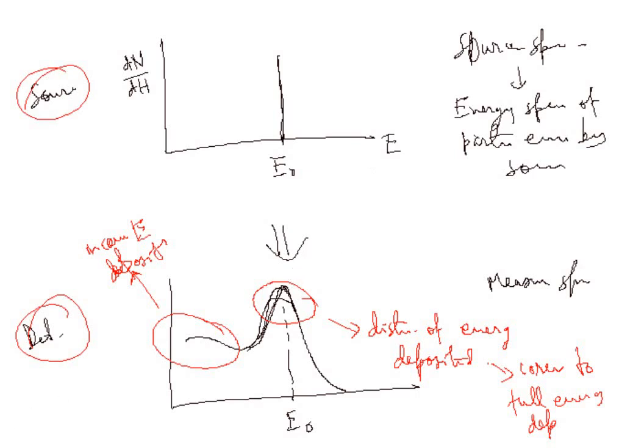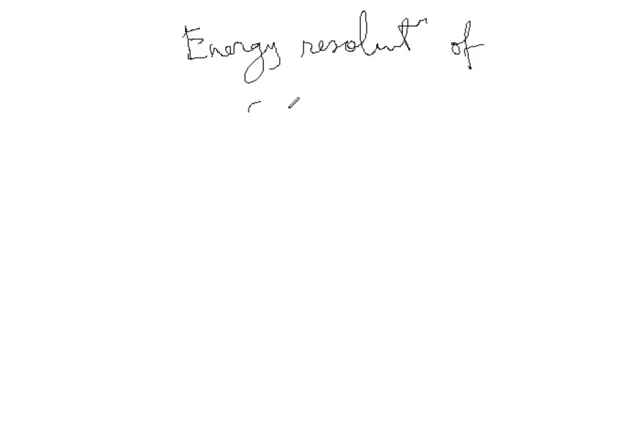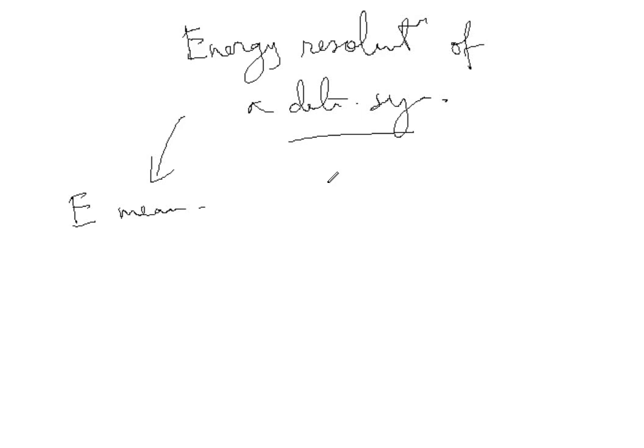Okay, any questions? Yes, so we have talked about the pulse height distribution, energy spectrum, source spectrum. Now it is again very important to recapitulate and also talk about the energy resolution of a detection system. Right, now you see the quality of the performance of a detector system used for energy measurements is characterized by the width of the pulse height distribution.